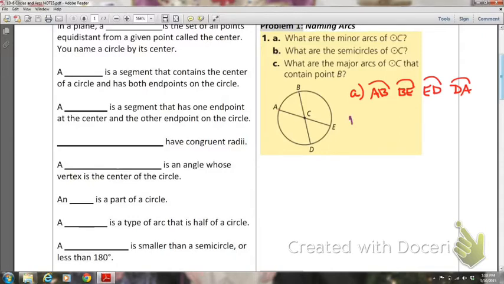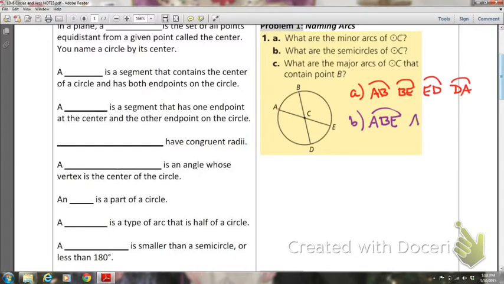For part B, it asks what are the semicircles of circle C. So once again, if I start with point A, I would name one of the semicircles ABE. It would end at point E because A and E are the endpoints of that diameter. But the other side of that diameter is also a semicircle.